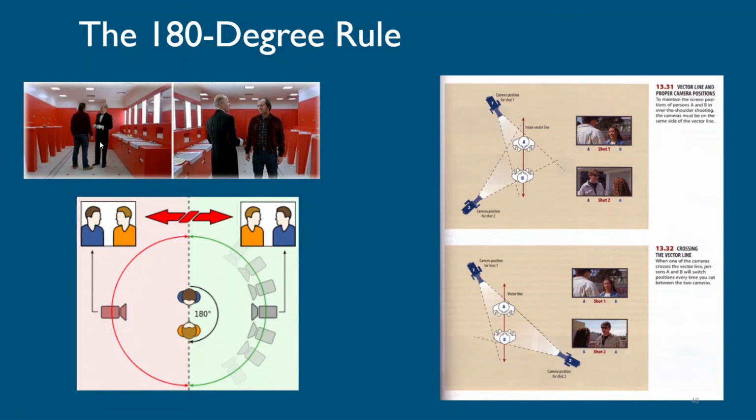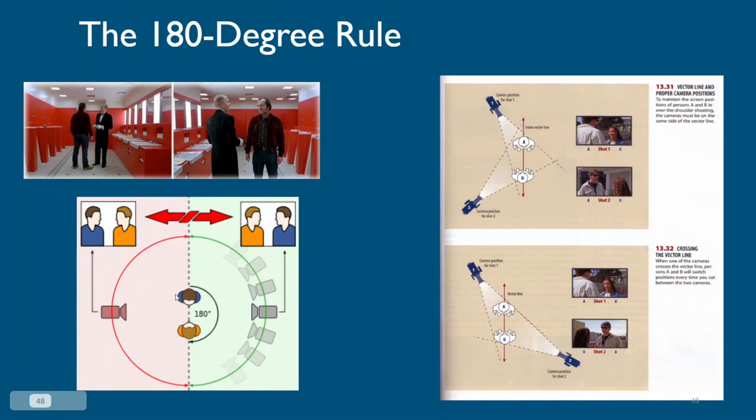This is a good example from The Shining. We can see over here on the left, over here on the right. When can you break it? Typically, you'll see if we've established this geography well enough that we get an idea and we accept what's going on, we can flip it completely and come straight across as they did in this shot, and it works, and we'll believe it.